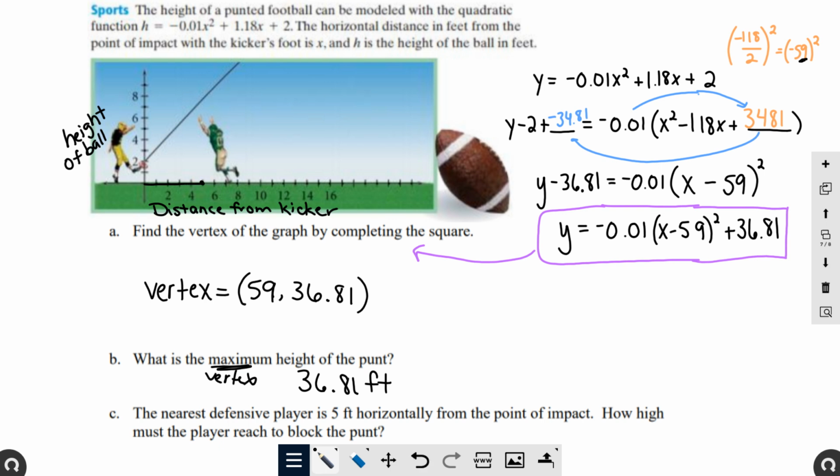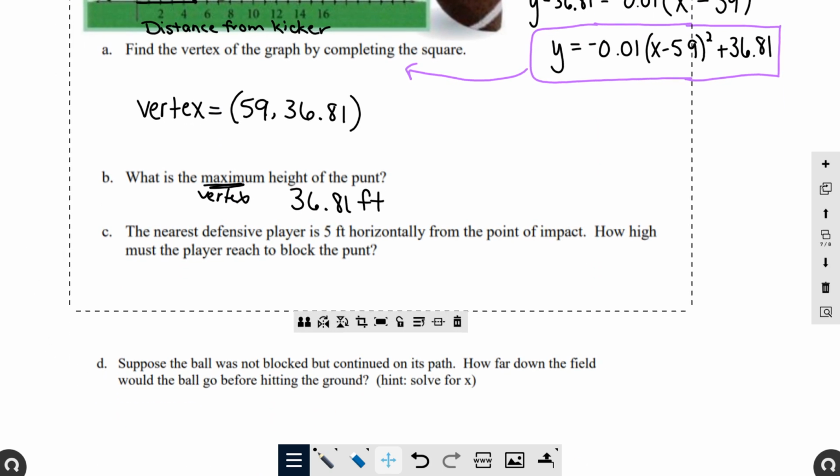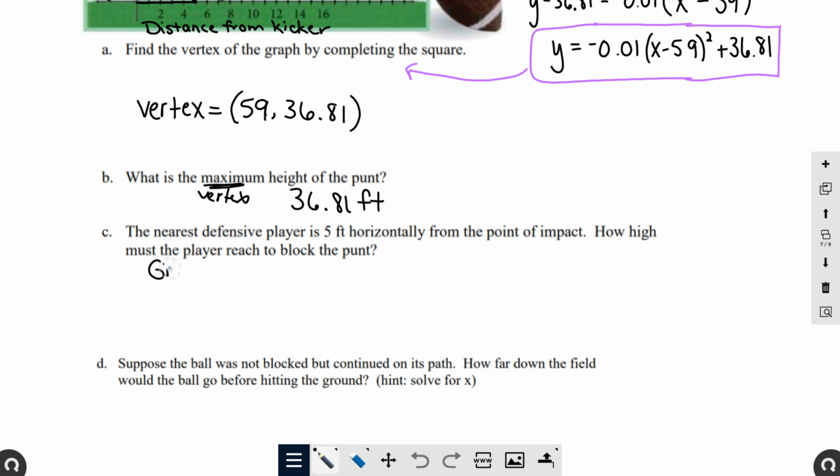X equals 5. We want to figure out how high must he reach to block that punt. So we need to figure out the Y value if we are given the X value. So in this particular question, we are given X equals 5, and we want to find the Y value.